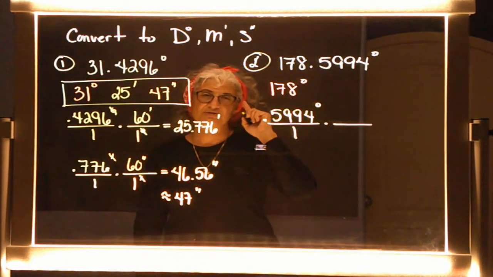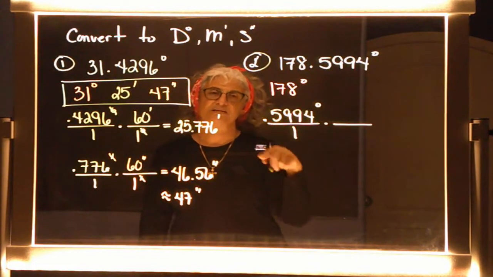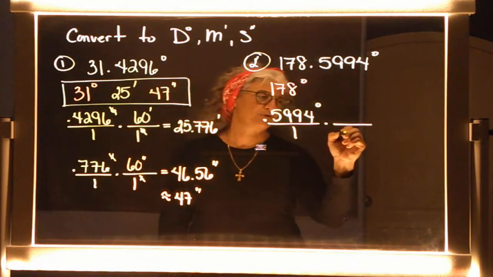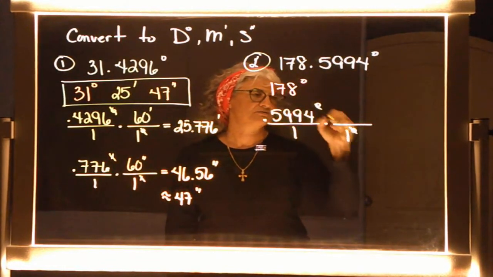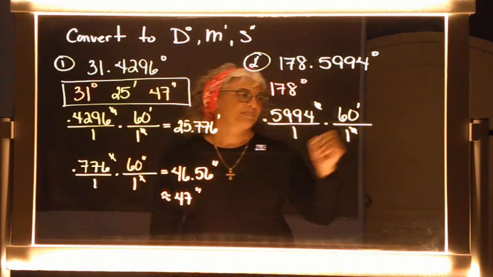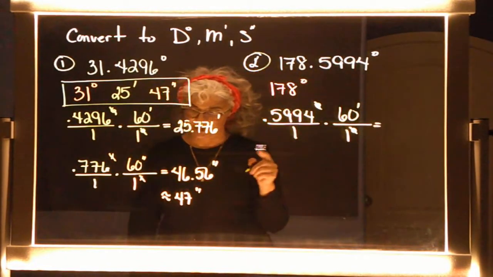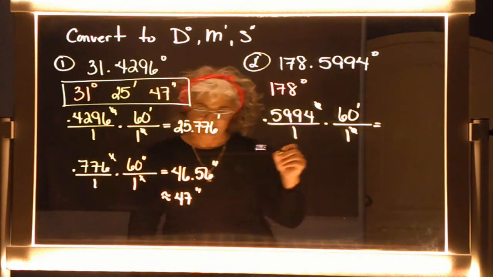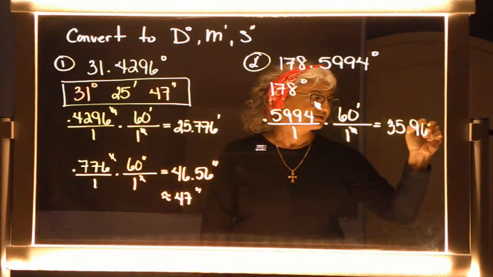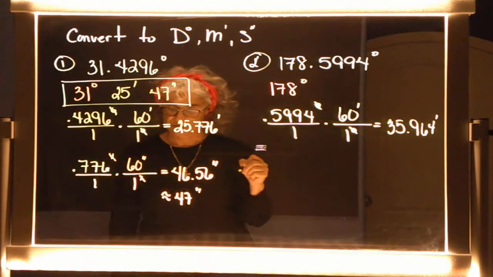So how many minutes in a degree? 60 minutes in 1 degree. What do I want to cancel? Degrees. So you put degrees on the bottom so you can cancel, which means those 60 minutes go on the top, don't they? And yes, you get your calculator out and you end up with 35.964 minutes, don't you?